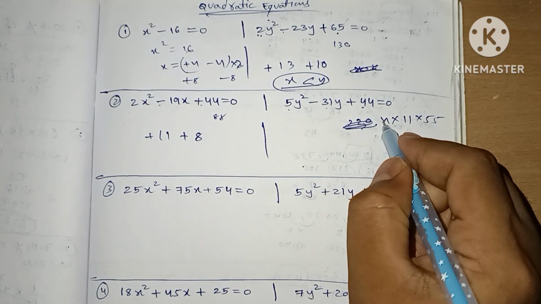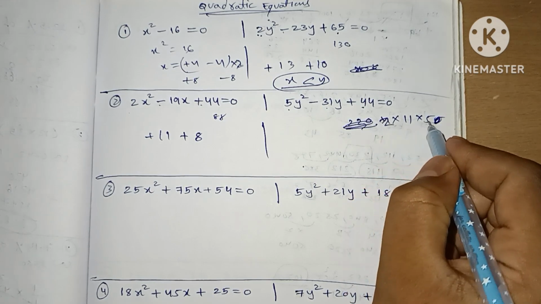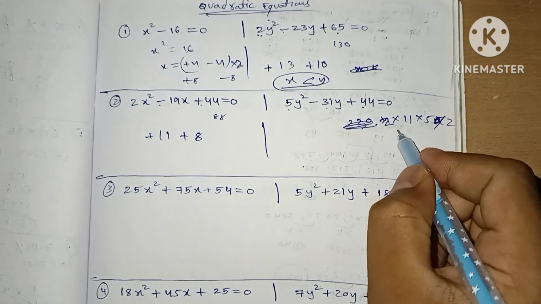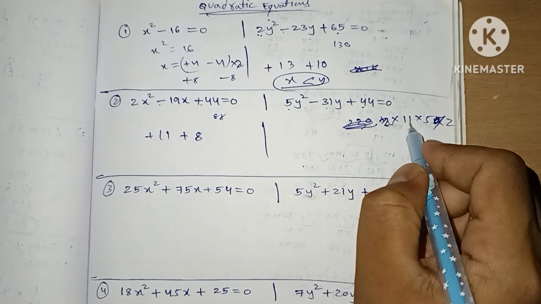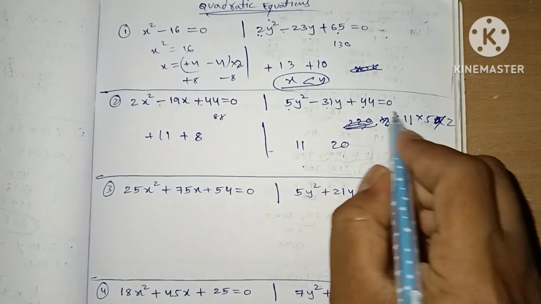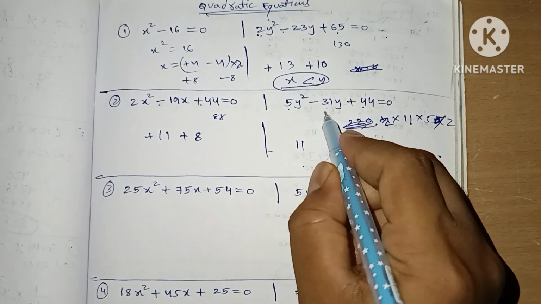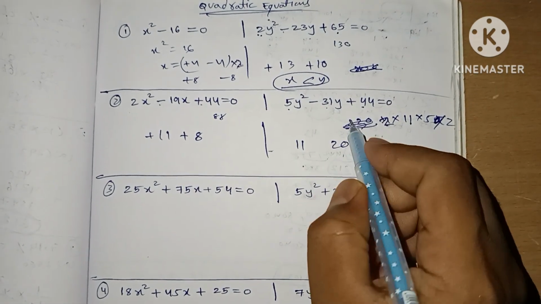Let's divide this 4 as 2 into 2. So we have 11, 20 times, we get 220.